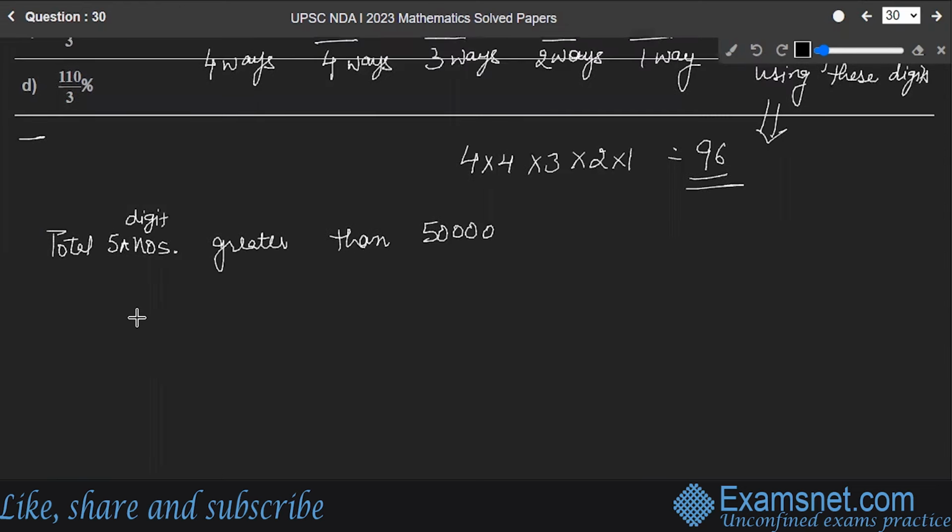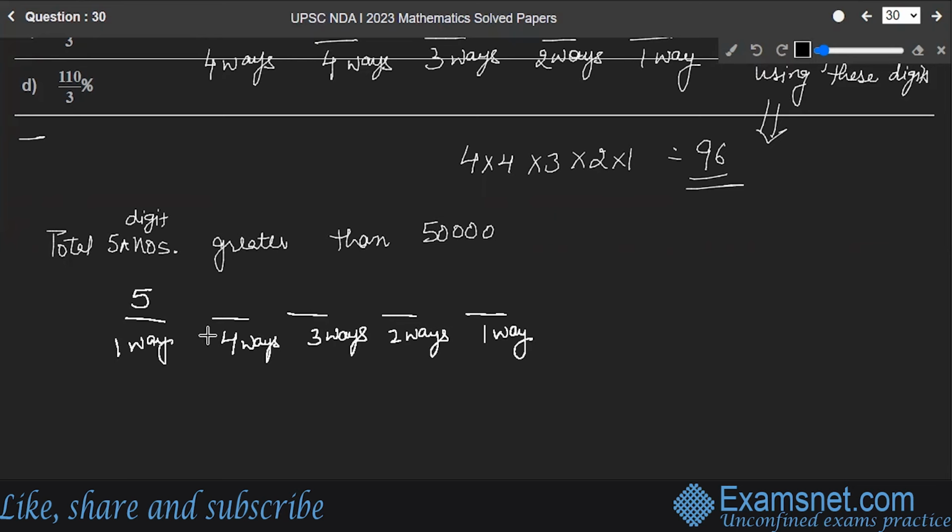Now this first place is of course got to be 5. I can't have any smaller number than this. Of course, the next one can be filled in 4 ways. This one can be filled in 3 ways, 2 ways, and 1 way. So the total number of ways are 1 into 4 into 3 into 2.